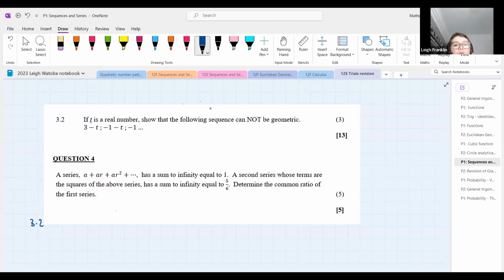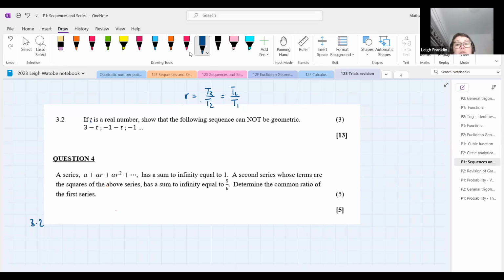So your ratio r is calculated how? How do we calculate a ratio? That's it. Good. Well done. Sorry, I keep calling you iPhone. Please tell us your name so I don't keep calling you iPhone all the time. But you're quite right. It's term 3 divided by term 2, which is the same as term 2 divided by term 1.